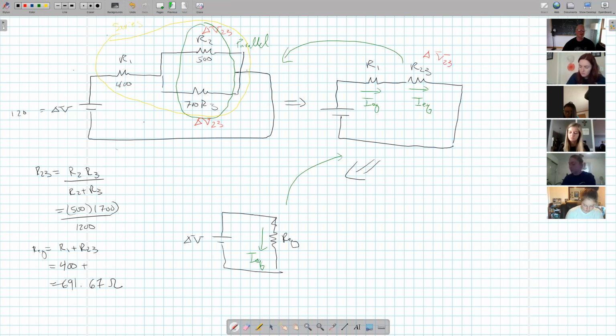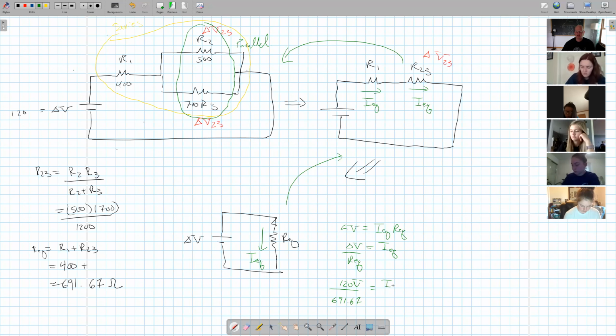Now from here, we can find IEQ. Ohm's law says that the change of potential is equal to IEQ times REQ, which means IEQ is the change of potential divided by REQ. So we know our potential is 120 volts divided by REQ, which is 691.67.